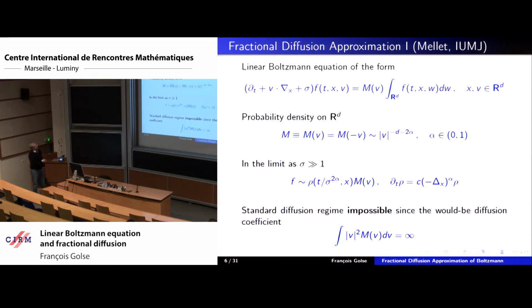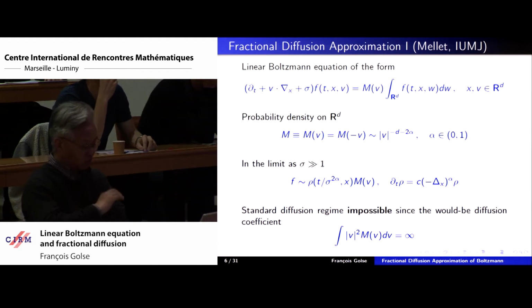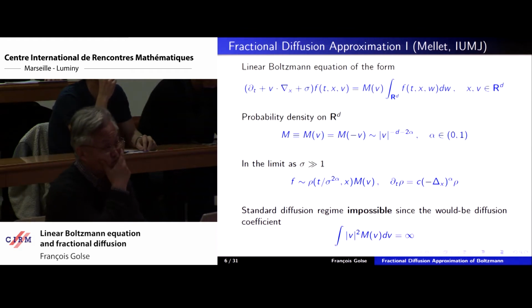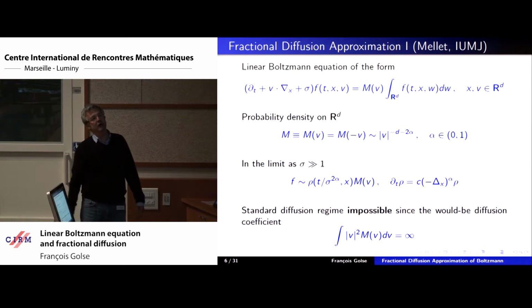Here you start from a linear Boltzmann equation of about the same form as before, except that here you have an equilibrium which is not simply constant. You have an equilibrium which involves a probability density in R^d, which decays algebraically for large values of v, typically like the length of v to the minus d minus 2 alpha, where alpha is between 0 and 1.